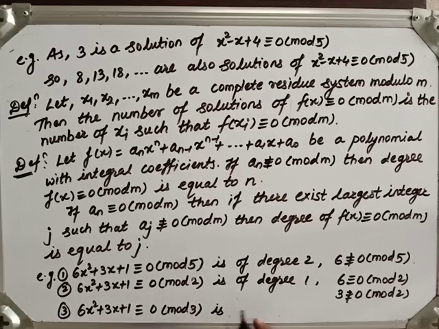Only a constant term will remain, so it is of degree 0, as 6 is congruent to 0 modulo 3 and 3 is congruent to 0 modulo 3, both of them.